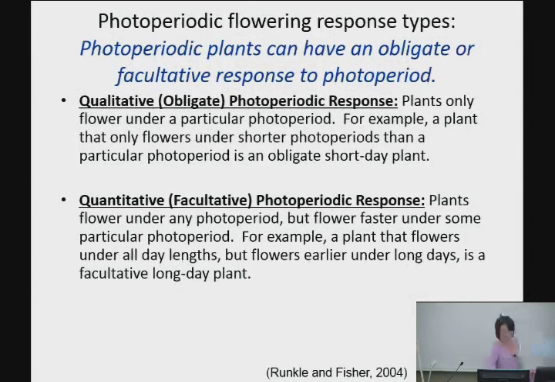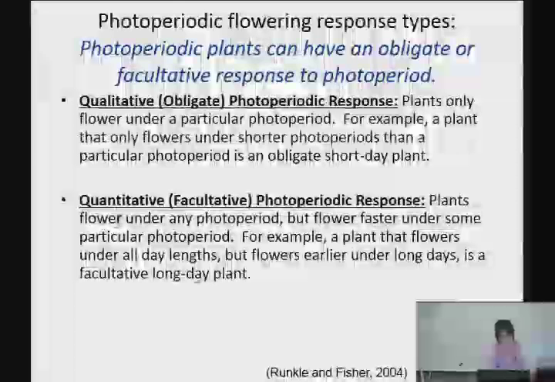Okay, so qualitative response and quantitative response, this is the definition. Plants that only flower under a particular photoperiod, that is the qualitative response. As an example, a plant that only flowers under shorter photoperiods than a particular photoperiod.